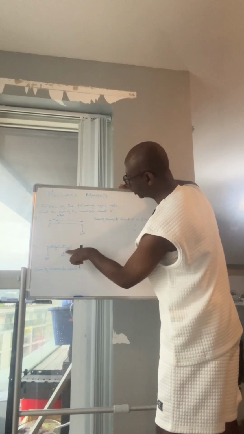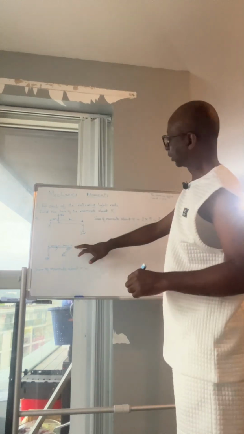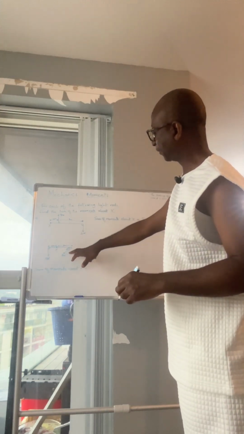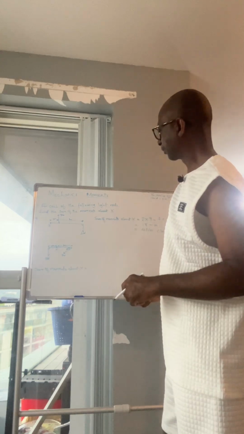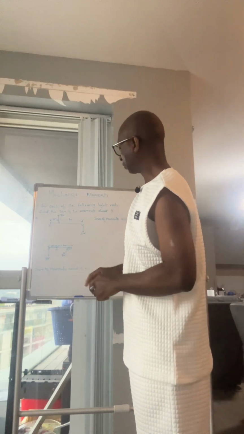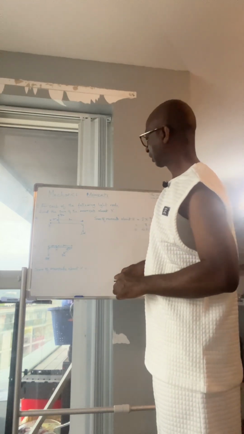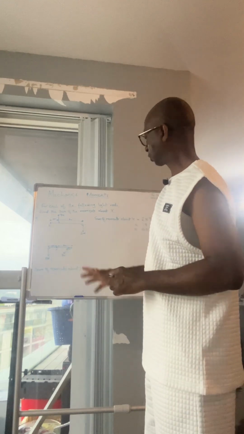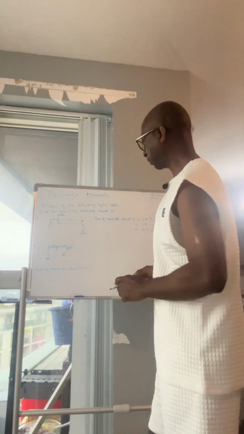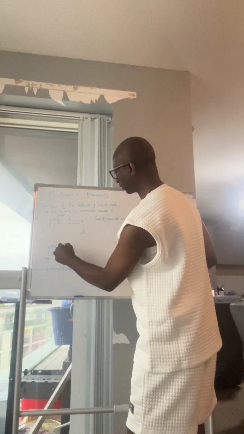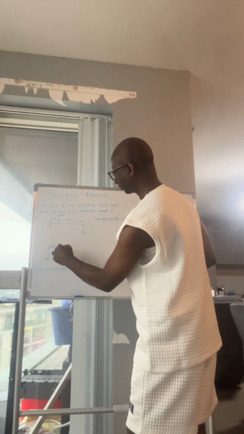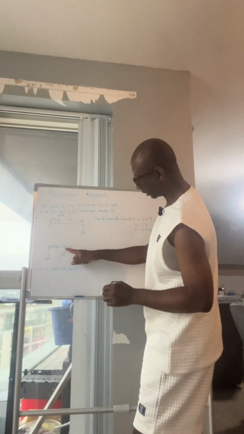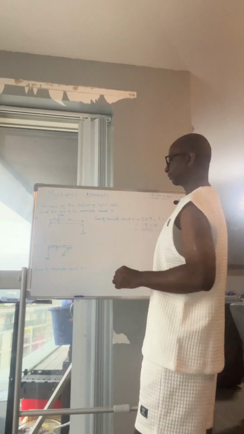But for this one, you can see the force is being applied at an angle, which means we need to resolve this force to the vertical so that we can get the perpendicular distance we are looking for. This is the distance we are looking for, that dotted line.